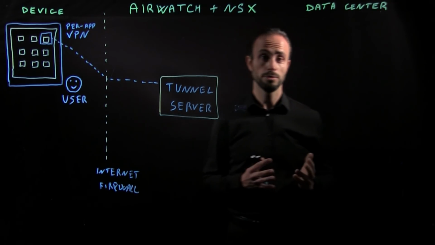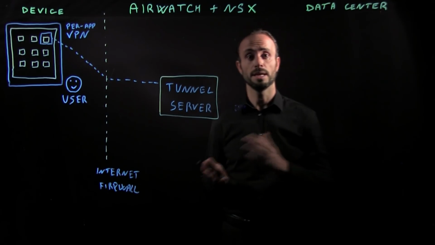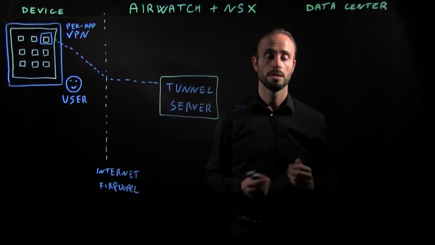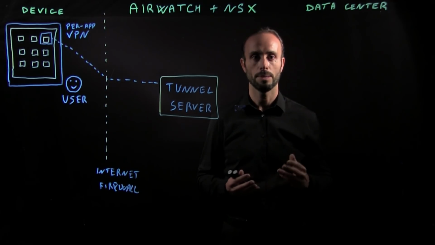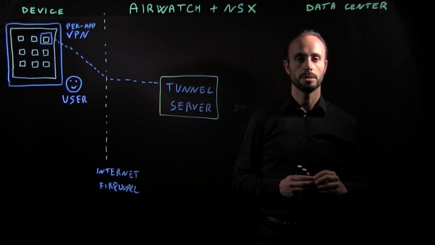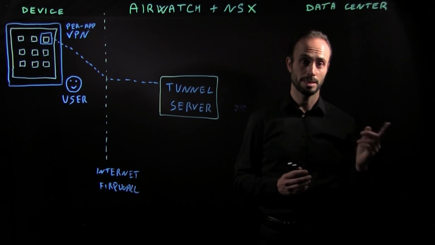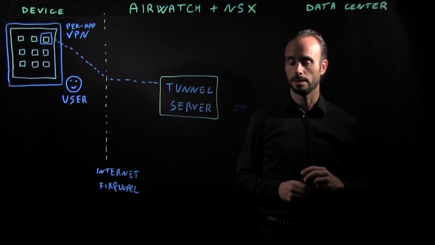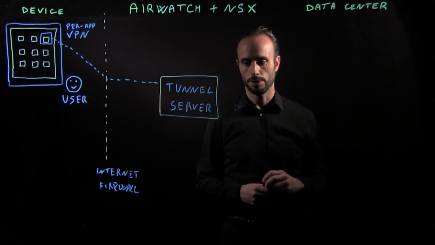Usually this is not an issue, but if something bad happens on the application side, think about malware or a corrupted application, the malware will be free to propagate inside the data center. And this is something that obviously we want to avoid.